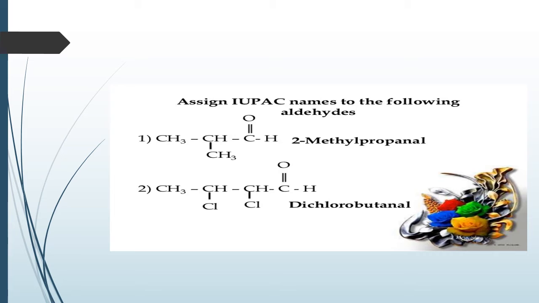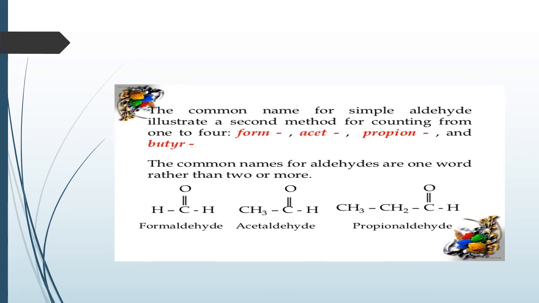Second, prefix, that is functional groups: alkene, alkyne, alkane, RX, and here we have aldehyde. Third, suffix, any alkyl group as a substituent. And you have to derive the name of the aldehyde from the alkane. This is all about the IUPAC naming of aldehydes.